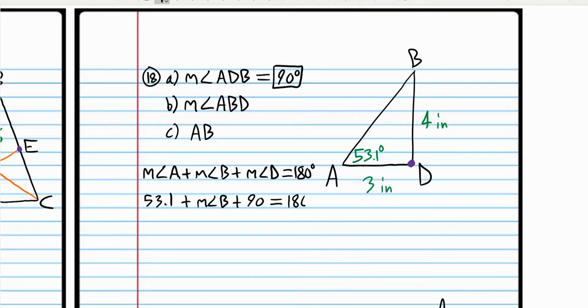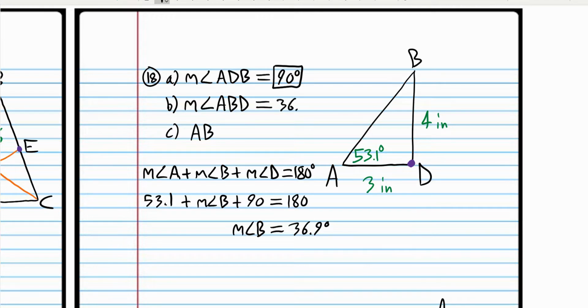And that equals 180 degrees. Do all the math on that, and you can use your calculator. And I get 36.9. So the measure of angle B is 36.9 degrees. And that's what we're looking for.